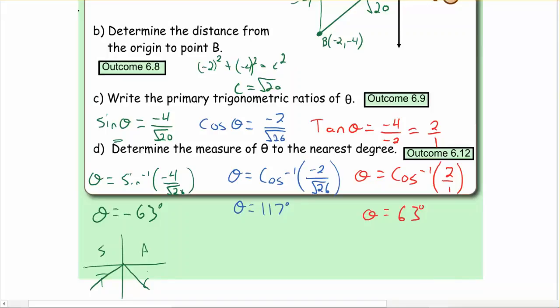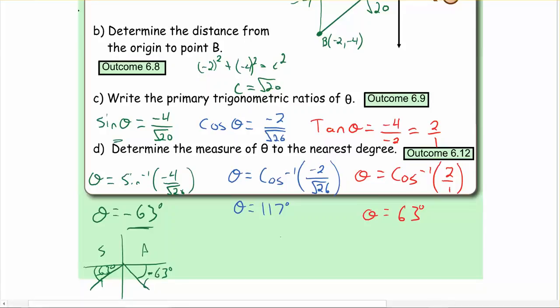What this negative 63 is telling me is that this is negative 63. But I can say that this is also 63. I'm able to see intuitively that both those reference angles are the same. So I know my reference angle is 63 degrees. But what I wanted to draw your attention to is this 117 degrees.